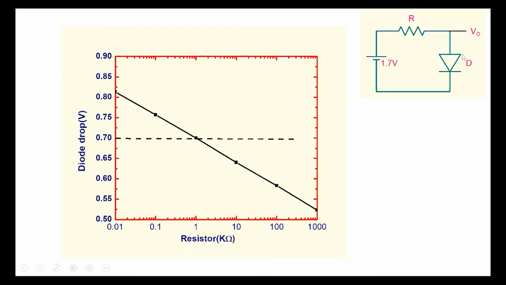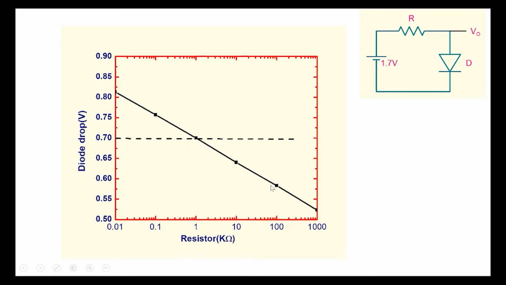While in a simpler model, we are replacing it by 0.7 volt. That 0.7 volt approximation would be accurate at this particular point, maybe at a 1 kilo ohm resistor. If I have less than a 1 kilo ohm resistor, 0.7 volt is underestimating the diode drop, and if I have higher values of resistor, 0.7 volt is overestimating the diode drop.